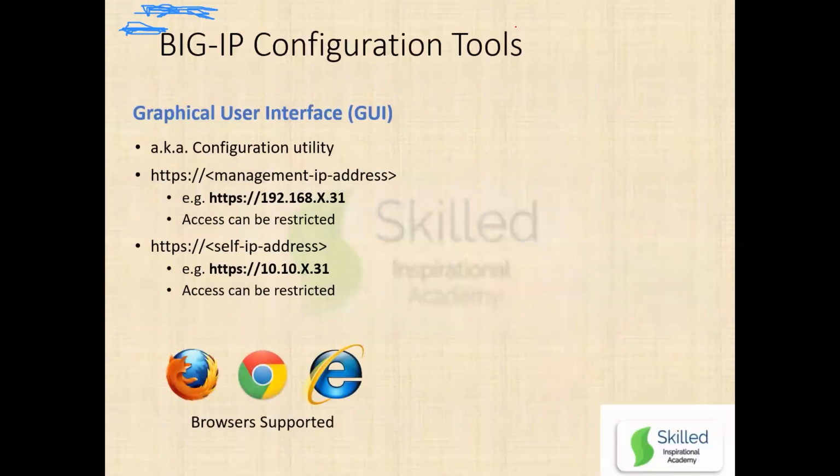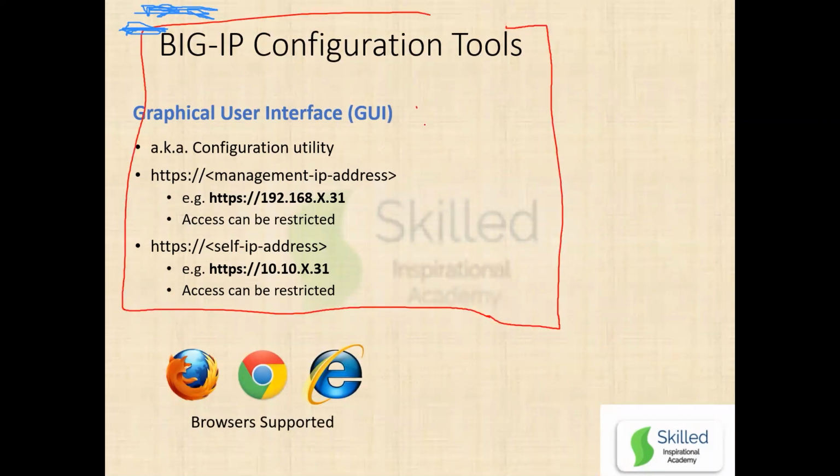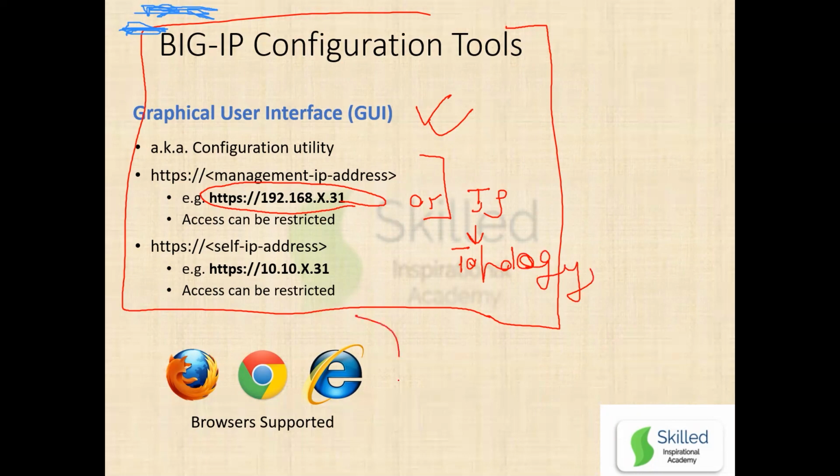Before that, I need to tell you how you can access your F5 initially. You can access your F5 through the GUI, by typing https://192.168 or whatever IP address you have according to your topology. Supported browsers are Internet Explorer, Google Chrome, and Mozilla Firefox.